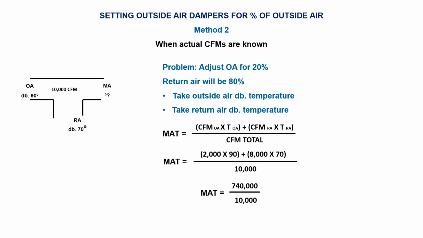We now go to mixed air temperature being 740,000 divided by 10,000, which gives us a mixed air temperature of 74 degrees. Therefore, we need to have 74 degrees air entering the air distribution system.